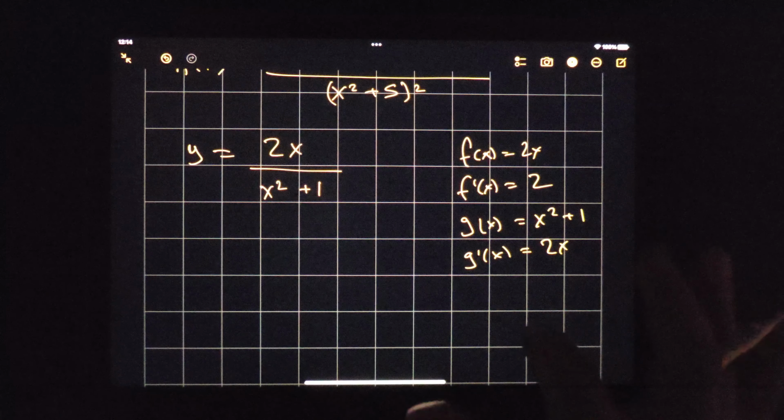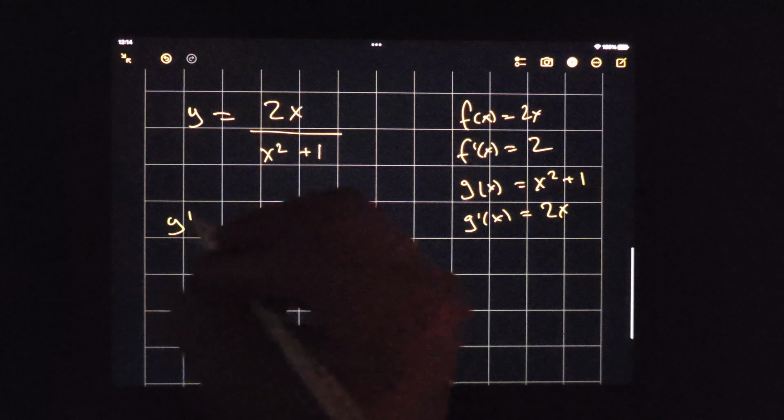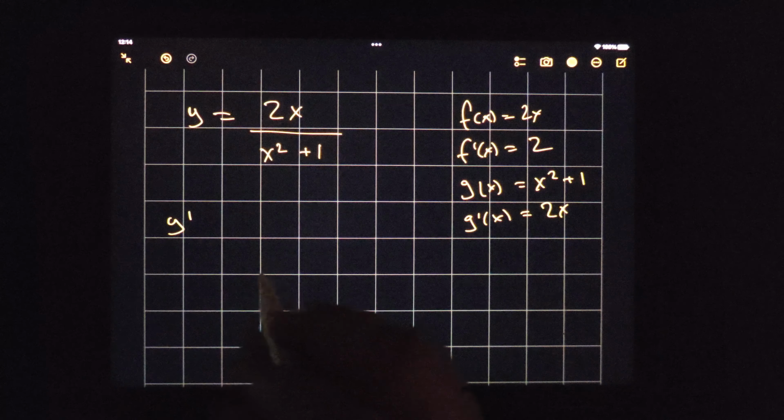x. So we can do y prime, or if we use the proper notation, dy over dx is equal to f prime of x times g of x, which is 2 times x squared plus 1.